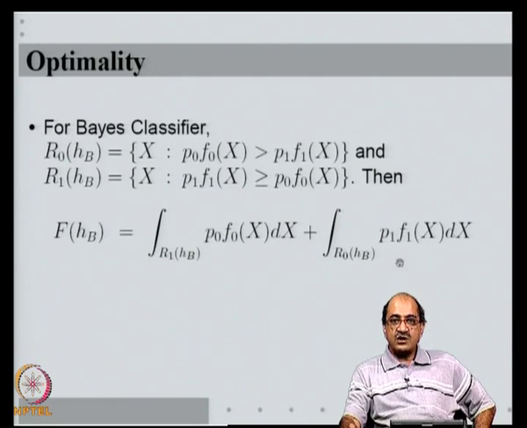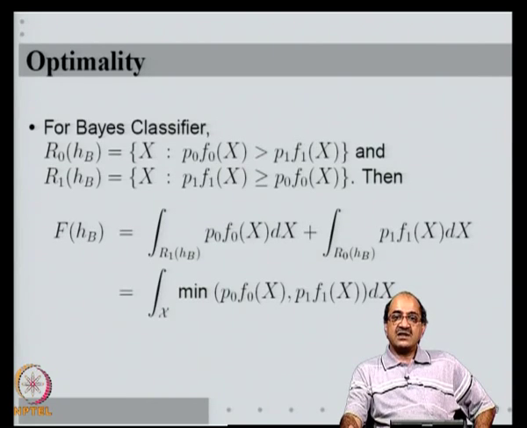But R1 and R0 are such that in the region R1, P0 F0 is less than P1 F1, and in the region R0, P1 F1 is less than P0 F0, which means this is the integral over the entire feature space of the minimum of P0 F0 and P1 F1.